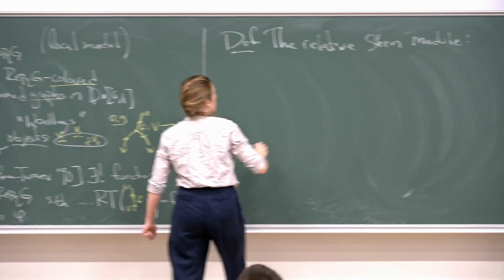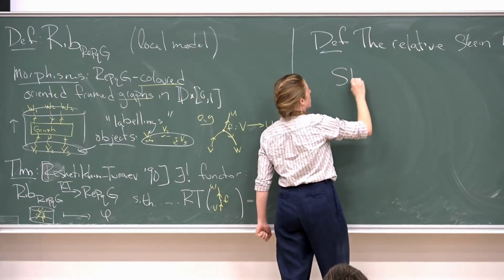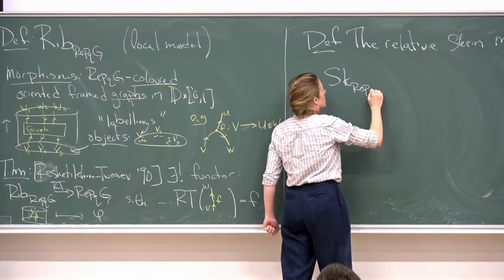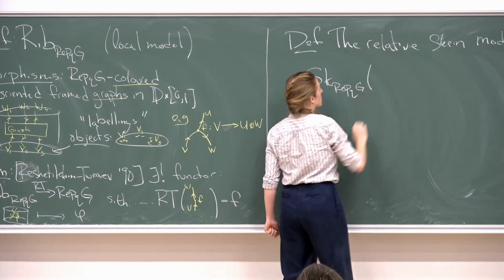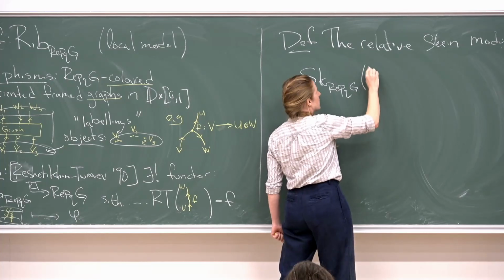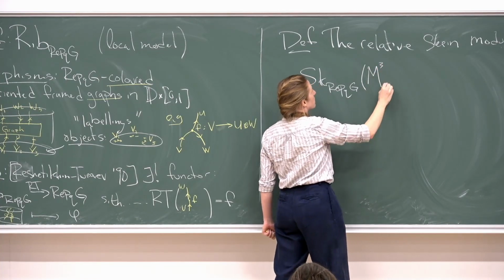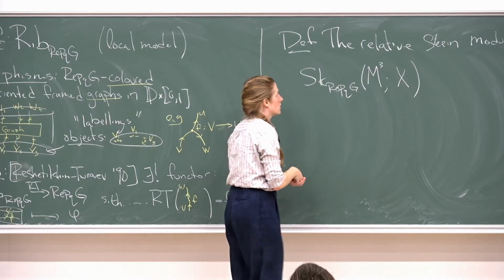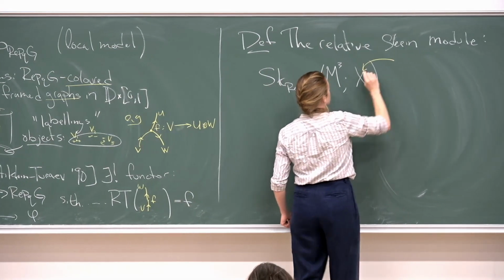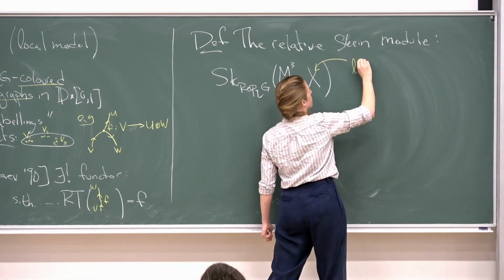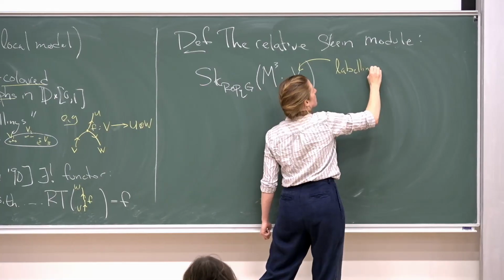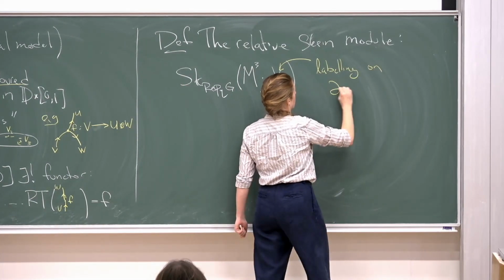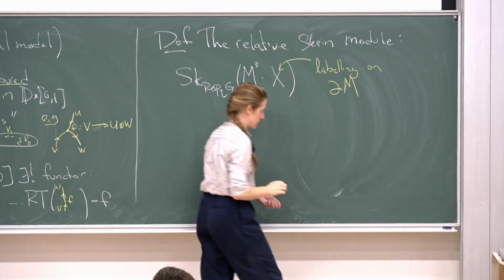I will write SK for skein, Rep QG down here, and what it's going to eat is M, some 3-manifold, and X. This X is going to be a labeling on the boundary of this thing.